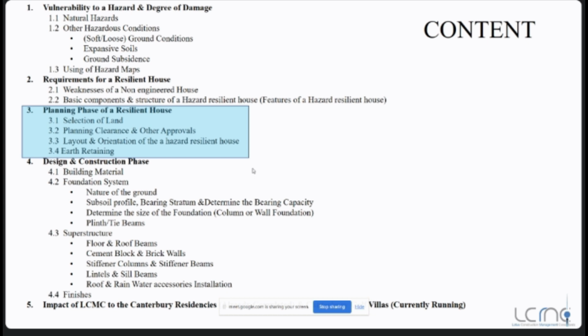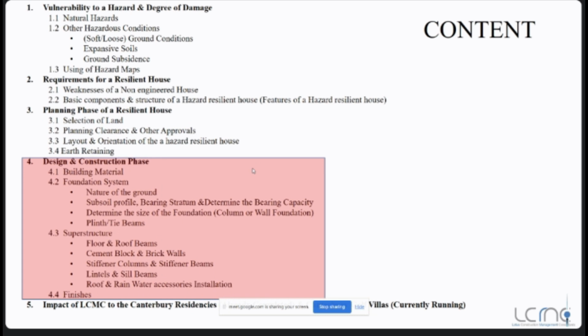It covers how to select the land, the planning clearance and other approvals, how to obtain them and which authorities give the approvals, and the layout and orientation: how to select the orientation, coordinates and layout of the house or any other construction work. It also covers earth retaining, which is a very vital work in land development. I will cover earth retaining works entirely.